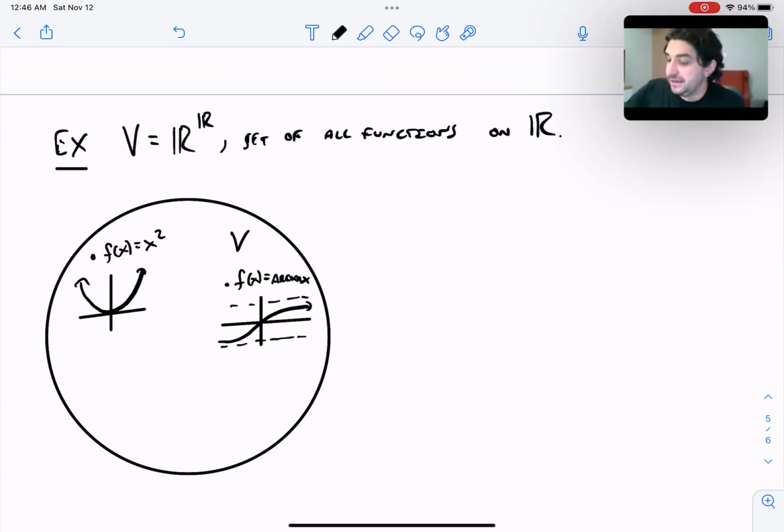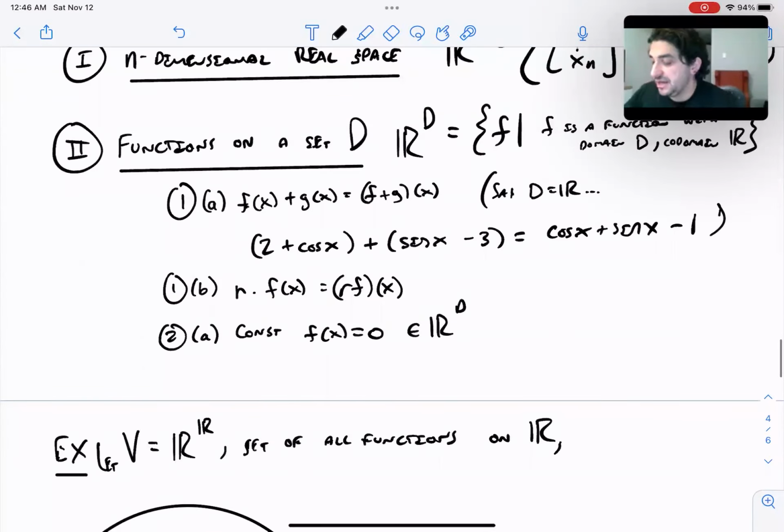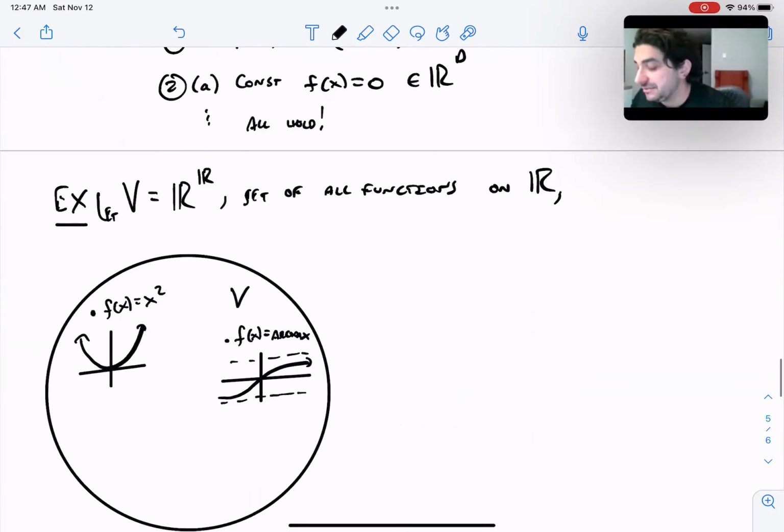And this is by what we argued up here. Now I didn't check all the properties, but you can check all the rest of them. They all just look like the regular rules of algebra, the commutative law, associative, distributive, etc., that you use when you do algebra with any sort of function. So they all hold. This is a perfectly good vector space if you carefully check all those 10 properties.